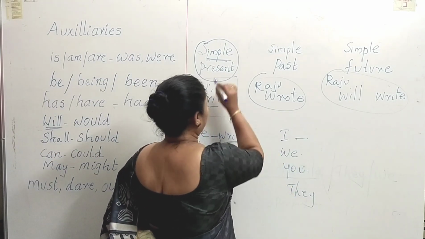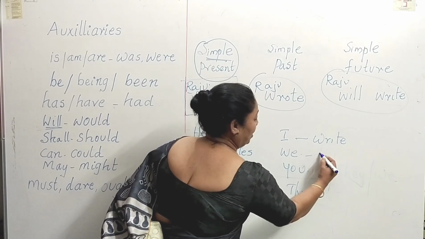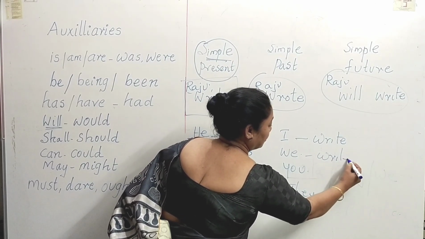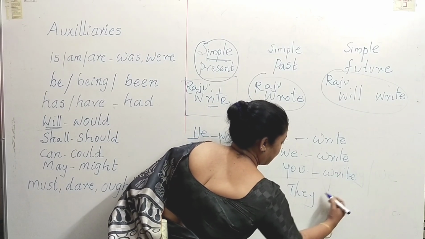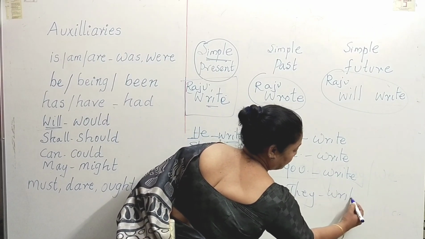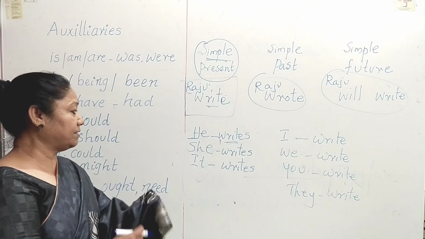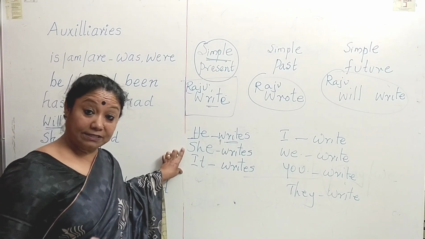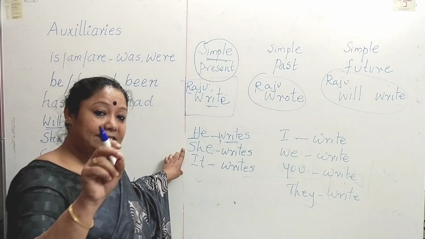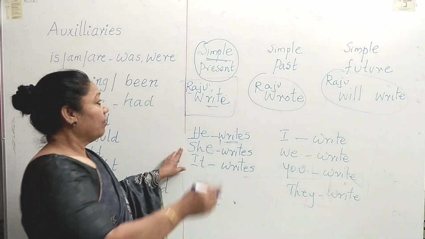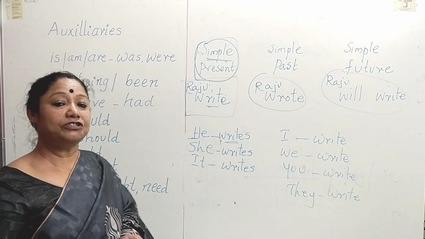Whereas the same verb when it comes here: I write, we write, you write, and they write. Just look at the difference. Singular subject person, you need to add S along with the verb when you are working with simple present tense.